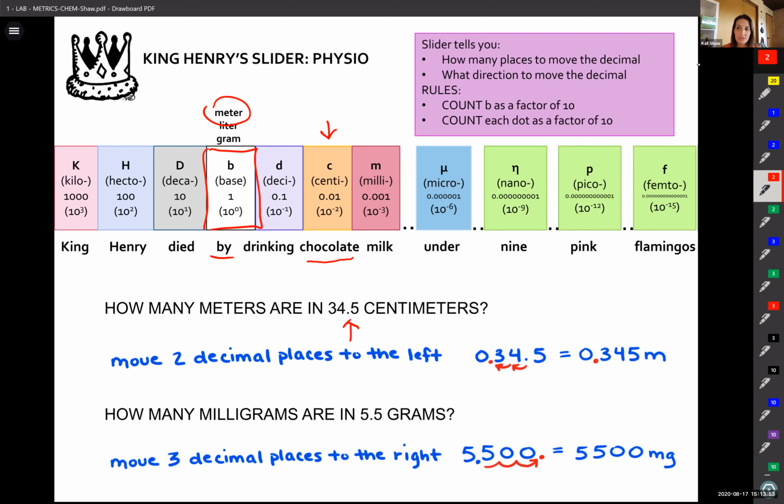Rule being we don't count our starting point, but we count each of these blocks after it as a magnitude of 10. So deci and meter, right, our base. We move 2 decimal points to the left. That's what we do. Take that original number and we move 2 decimal points to the left to get this number here. 0.345 meters.